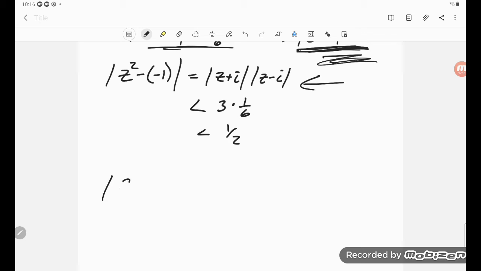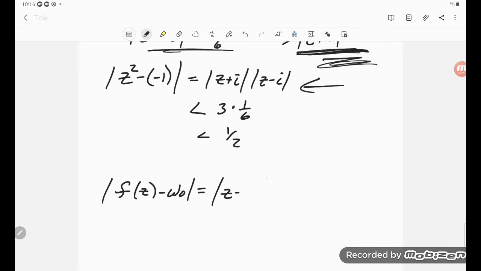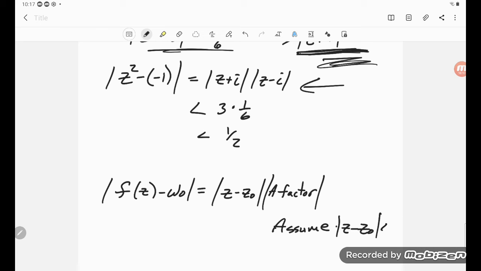So if I start with some f of z minus w0, and if I can somehow factor that into z minus z0, and then times something else, another factor, then typically what I would do is say, well, let's assume z minus z0 is, and I'm going to use 1 again, it might not be 1.